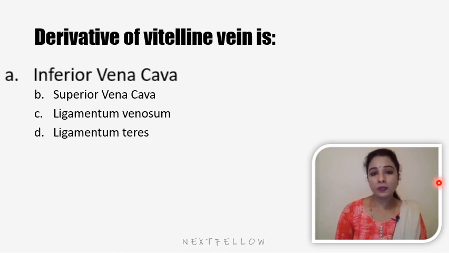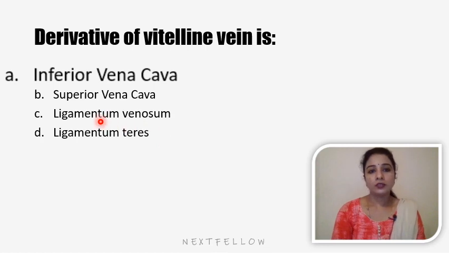It forms the portal vein, inferior mesenteric vein, superior mesenteric vein, and splenic vein. Ligamentum venosum is also an answer, because the ductus venosus is derived from the vitelline vein. So ligamentum venosum and inferior vena cava are both answers.